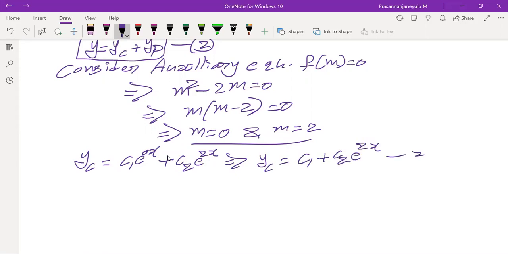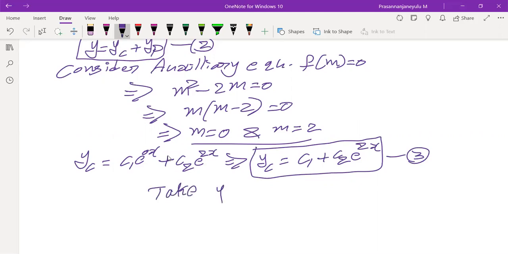Now, how do we have to take our complementary solution? yc equals c1 into u of x plus c2 into v of x.